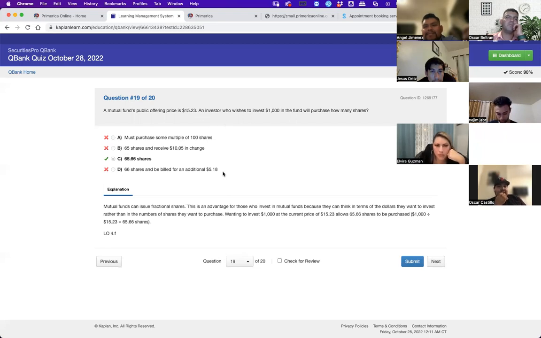But how do you figure that out? You get the 1,000 and you divide by 15.3, and it'll give you 65.66 shares. But it also makes sense. You're buying shares, they're not gonna give you anything else extra, and they're not going to give you change back. Must purchase some multiple of 100 shares.